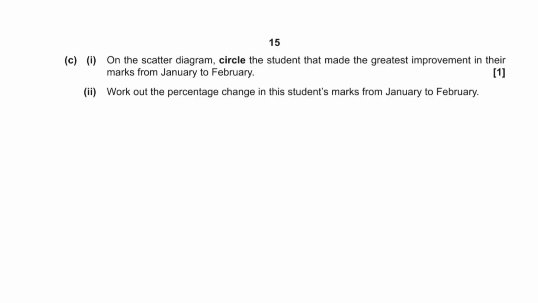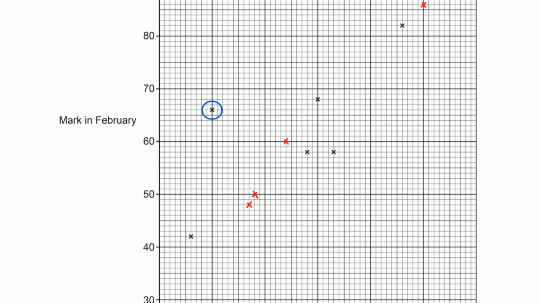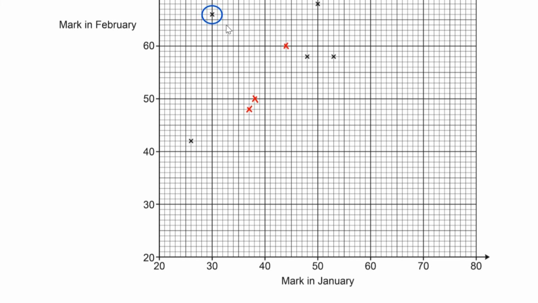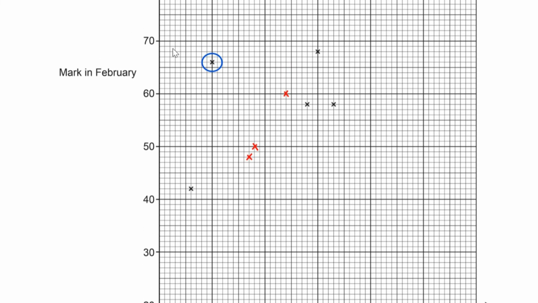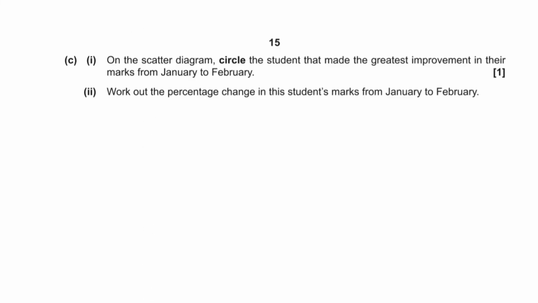For the next part, we have to work out the percentage change in the student's marks from January to February. Well, what you can see is they scored 30 in January and 66 in February. So to work out the percentage change, we would have to do 66 subtract 30, that's the change, divide this by 30 and then multiply by 100.